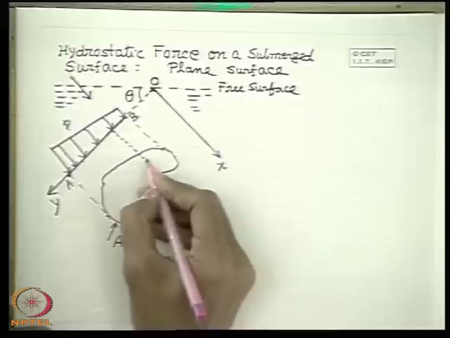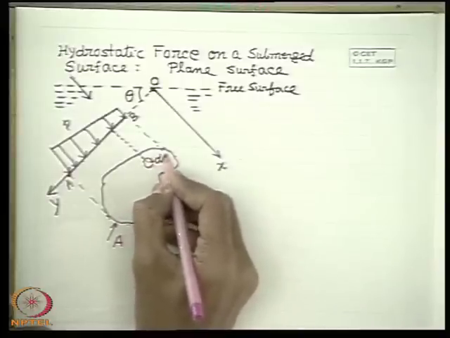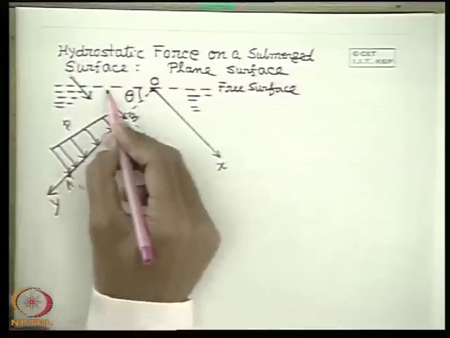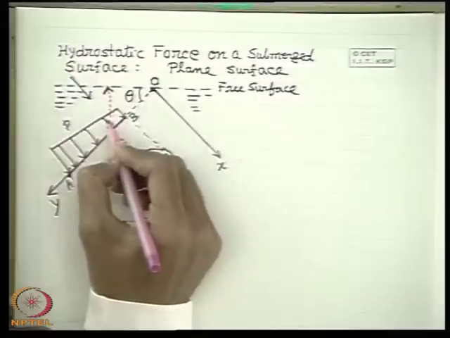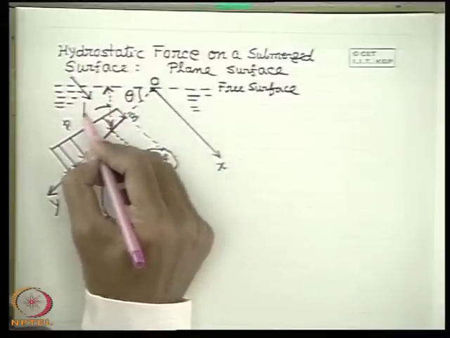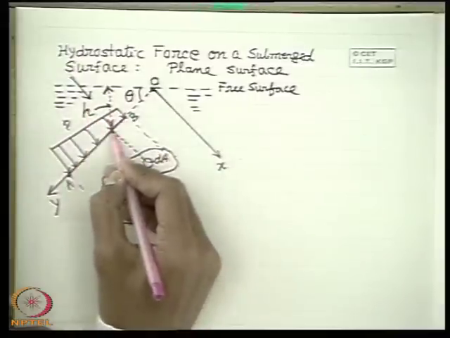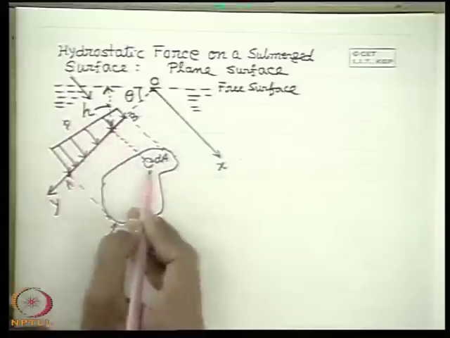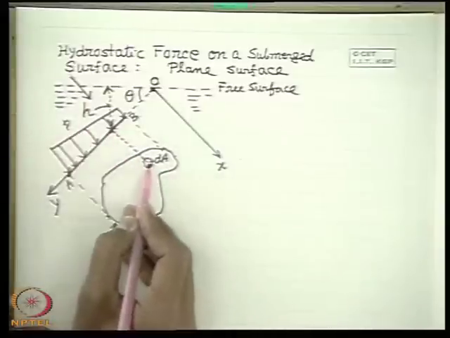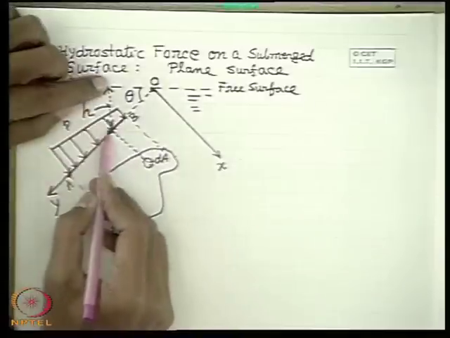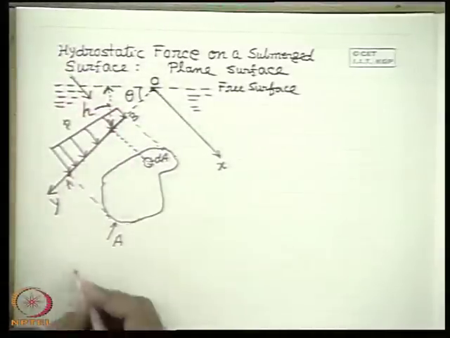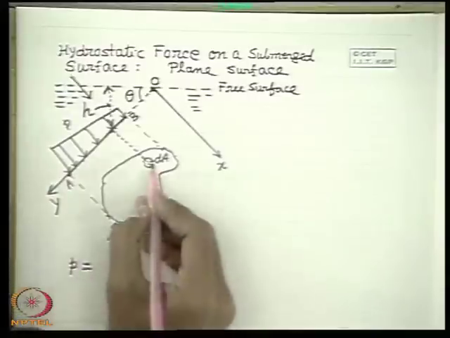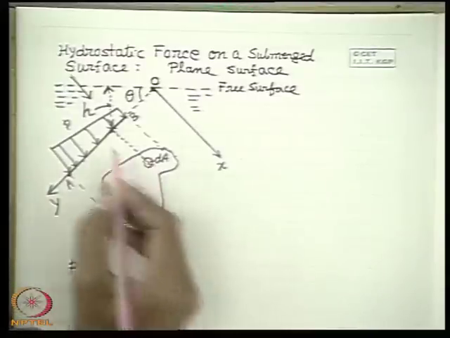Now let us consider a small elemental area dA which is at a depth H from the free surface. So what is the force on this elemental area? First of all, what is the pressure exerted by the liquid on this elemental area?